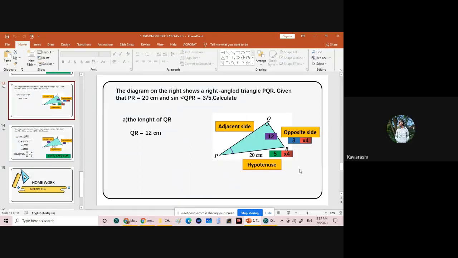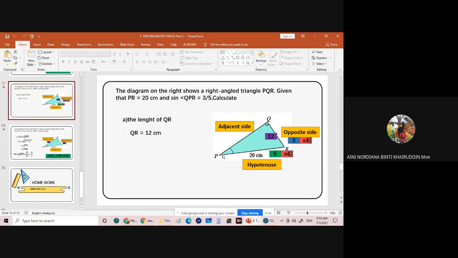Okay, because the 3 over 5 here is actually the ratio, the simplest form. So from this, it says that the length of PR is 5 and the length of QR is 3. This is actually the ratio.